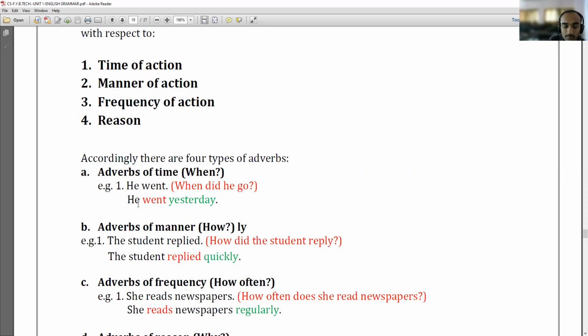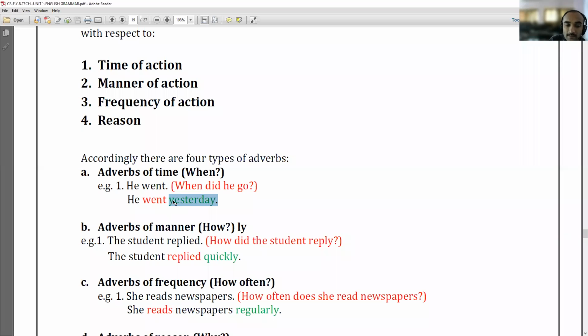ओके, सो in this example we can see that there is one word which is denoting the time of action. Okay, yesterday, तो गेला. when did he go, तो केव्हा गेला, तर he went yesterday, तो काल गेला.